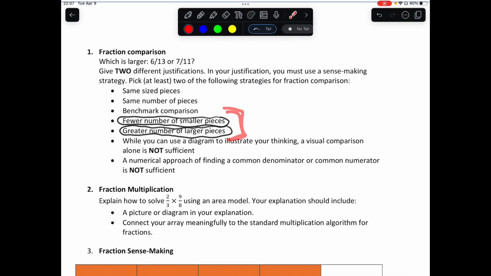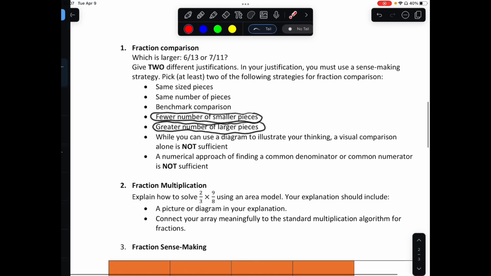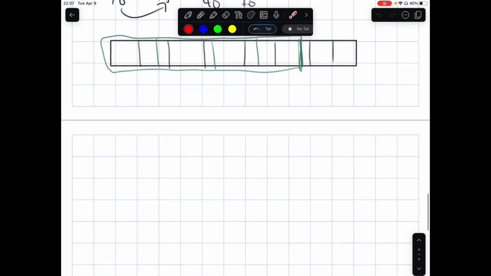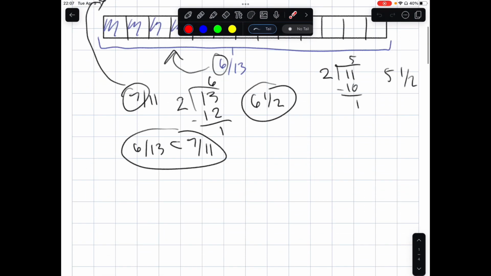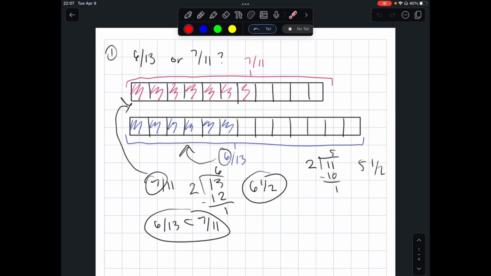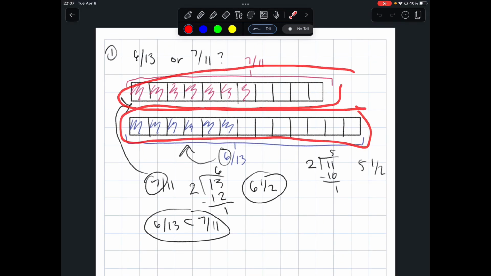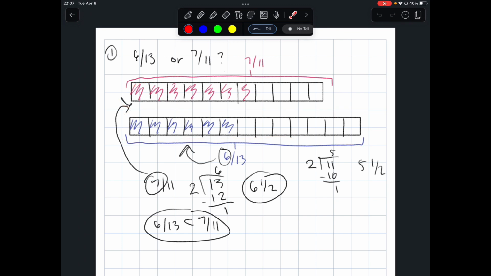I feel like I explained it pretty well and I already had the thing drawn out, as we can see from up here. I had both of these already prepared, but I did explain both of them and how the numerators correlate to the models that I gave.